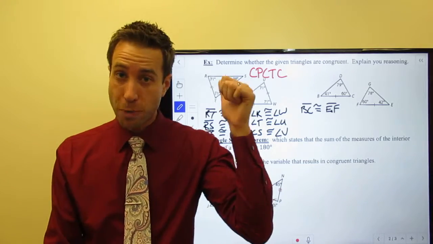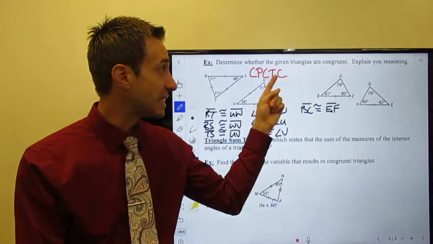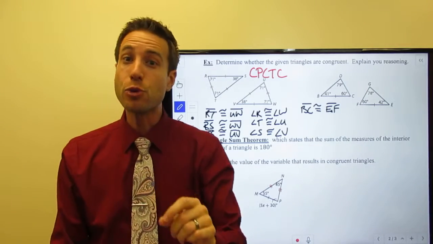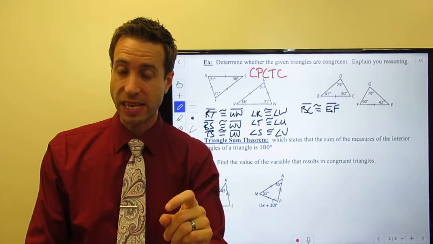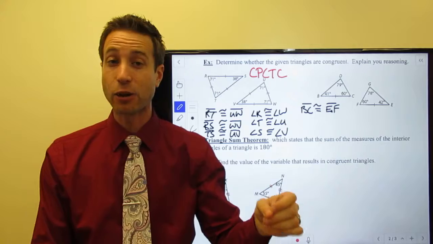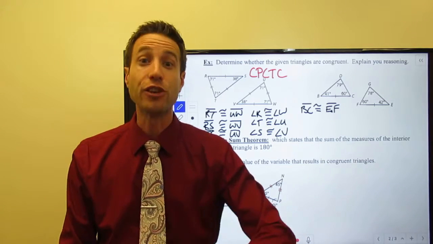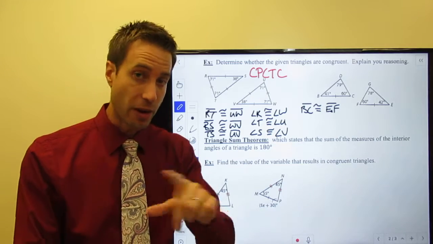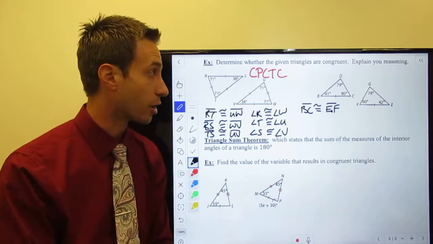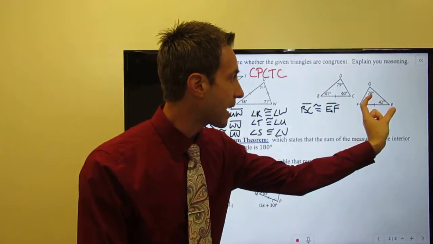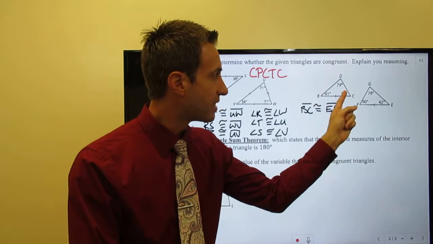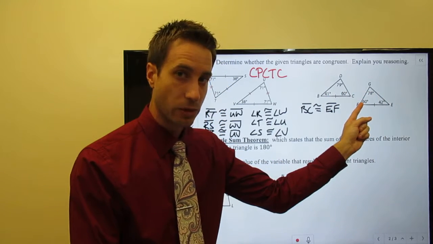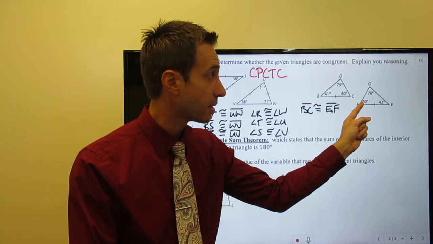Remember, the contrapositive of CPCTC simply says if you can show that one pair of sides or one pair of angles are not congruent, then you've shown that the two triangles are not congruent. You only have to show one pair. If I flip this over, C and F are corresponding angles, and they're both the same, 60 and 60.